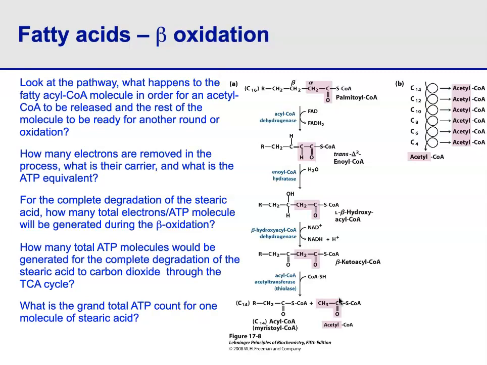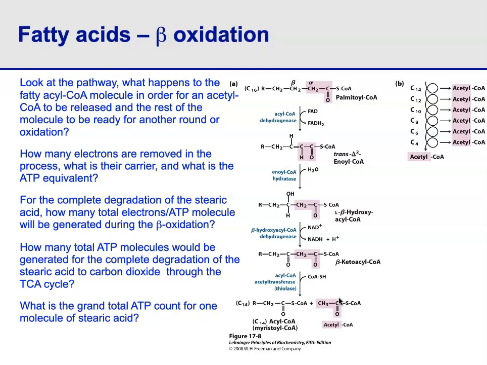So 3 times 2.5, 7.5. Each electron pair carried by FADH2 would lead to the generation of 1.5 molecules of ATP. So 7.5 plus 1.5, 9, plus 1 molecule of ATP generated during the cycle, total 10. So 10 ATPs are generated per cycle of the citric acid cycle.